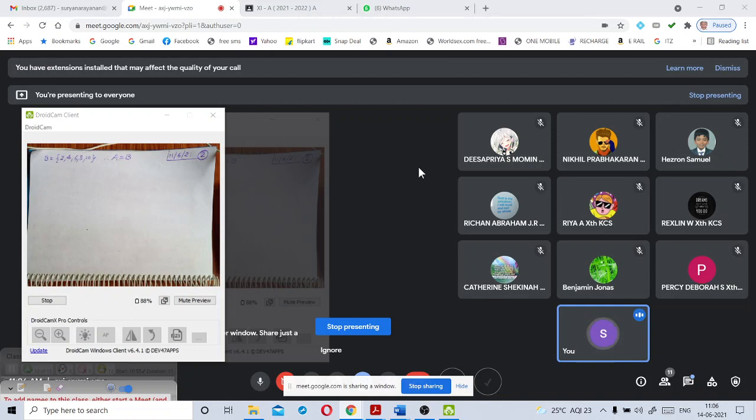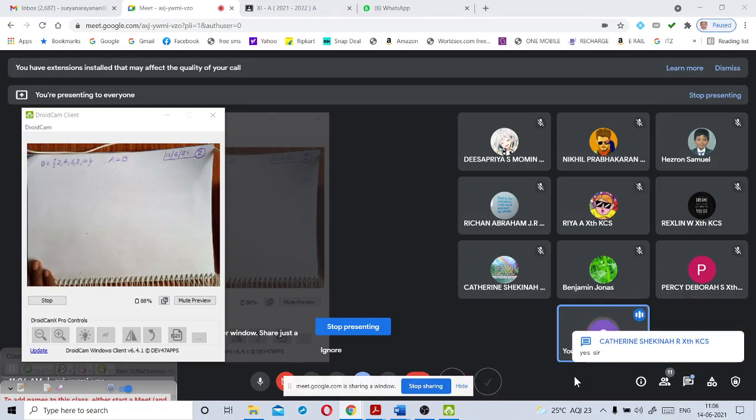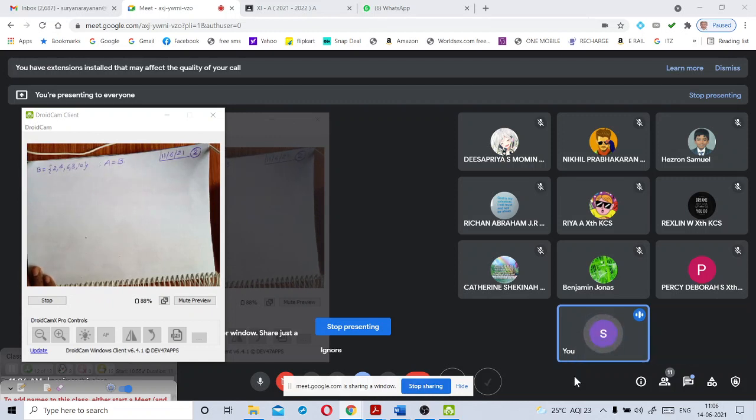Can you equate them? Will you do that sum also as homework? Yes. Now let us discuss today's new concept for the exercise 1.3.